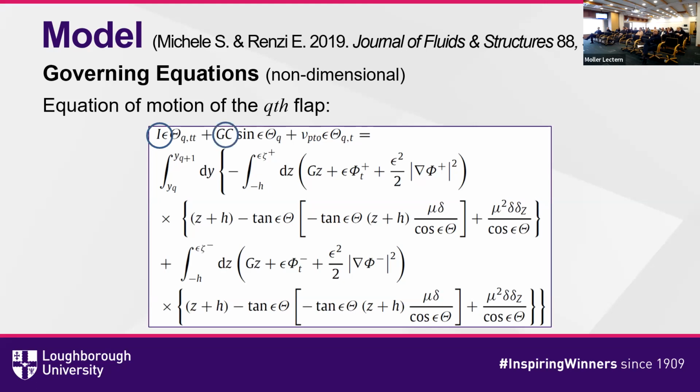This is again gravity, this is the buoyancy term, and this is the power takeoff. This models the fact that we are using a generator to extract energy from the device. The force that the power takeoff imparts on the device is proportional to the angular speed of rotation of the flap. And on the right-hand side, we have the wave torque, where we again see the nonlinear effects and also the shape effects.